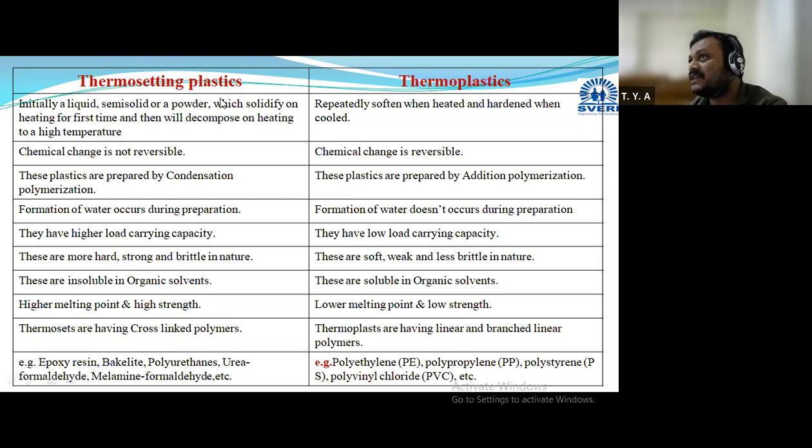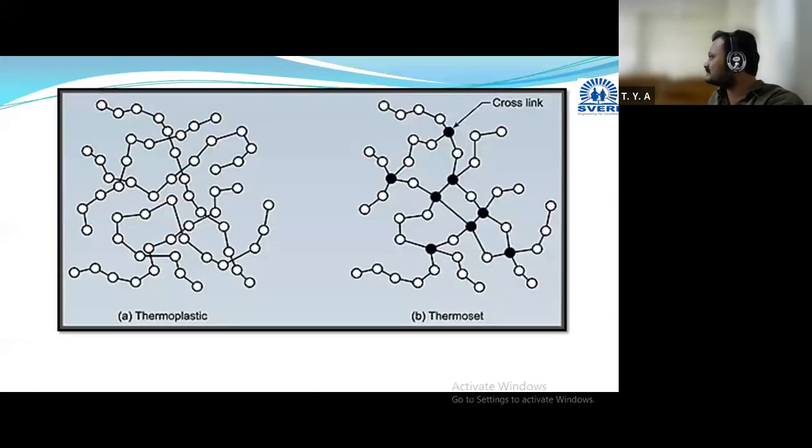These thermosetting plastic materials have higher load carrying capacity, and thermoplastics have low load carrying capacity. Why is load carrying capacity high here? For all property-related issues, please refer to this diagram. This is thermosetting material, and this is thermoplastic material.